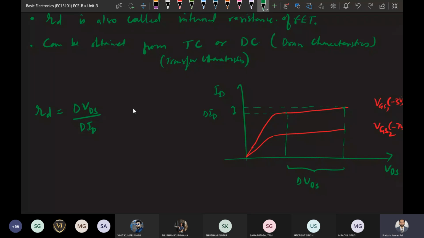As the change in ID is very small and the change in VDS is large, RD will be very high. This is how we define the RD value, and the same RD can also be defined using the transfer characteristic.